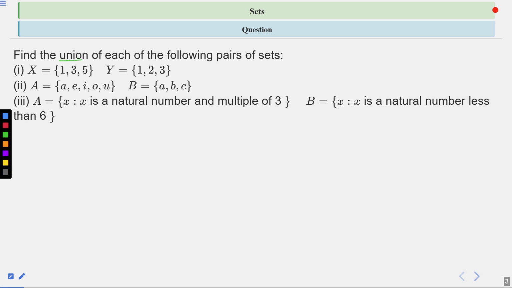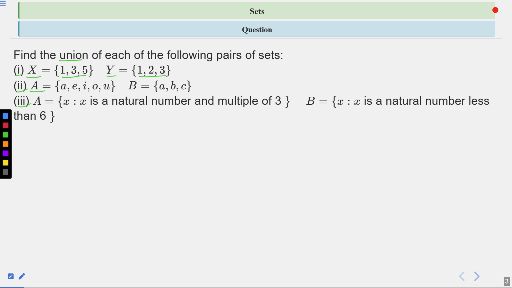Here in the question, we have to find the union of each pair given to us. We are given three sub-questions with pairs. In the first, set X with 3 elements 1, 3, 5, and set Y with 3 elements 1, 2, 3.